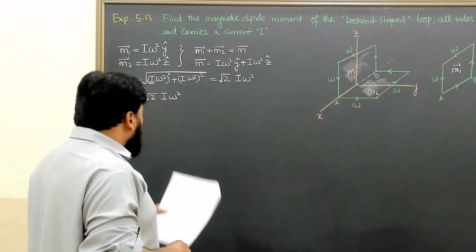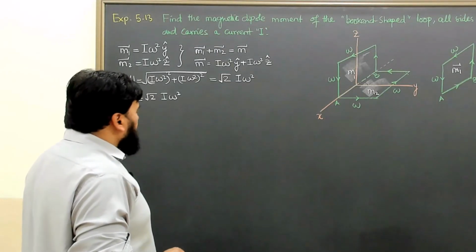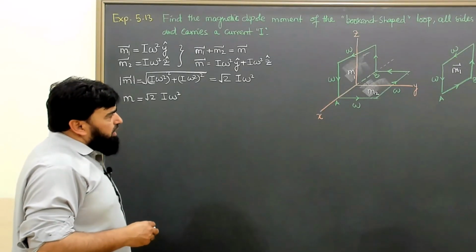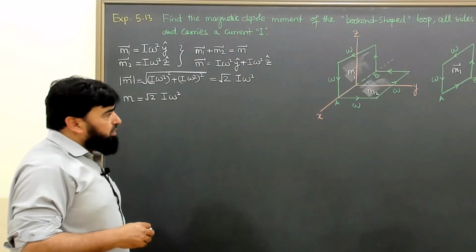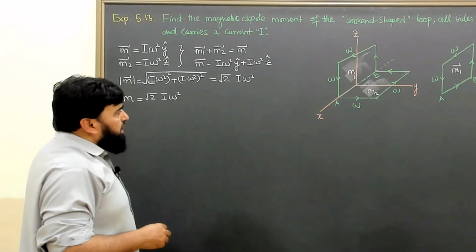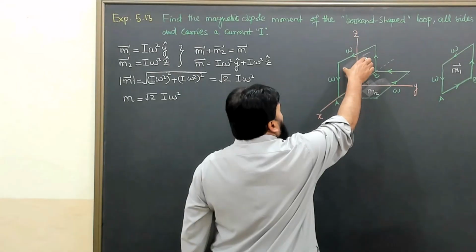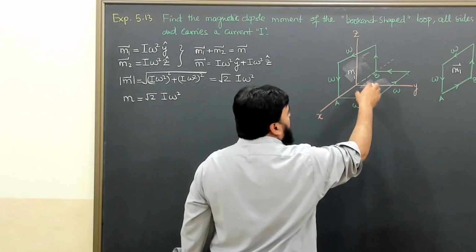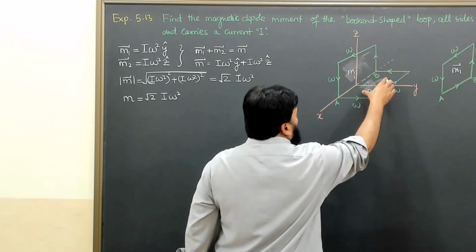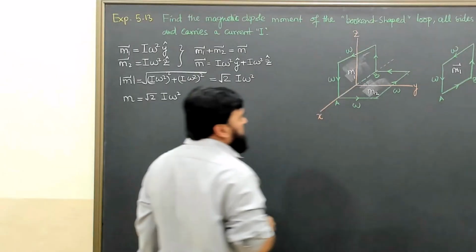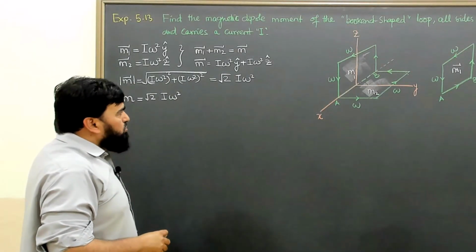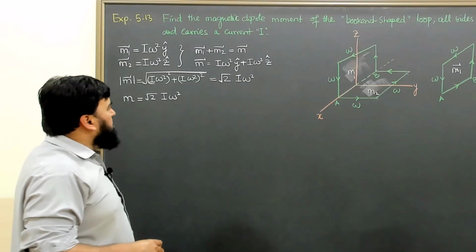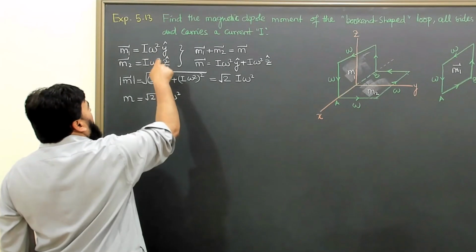And what about its direction? We have the y and z directions involved here. If I consider this loop, it is in the xz plane and along the y direction. If I consider this one, it is in the xy plane and along the z direction. So the contributions along y and z are equal.